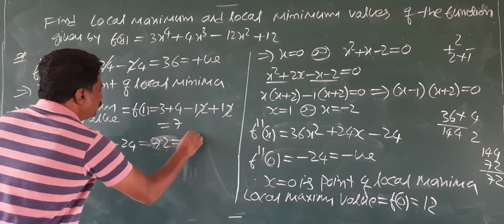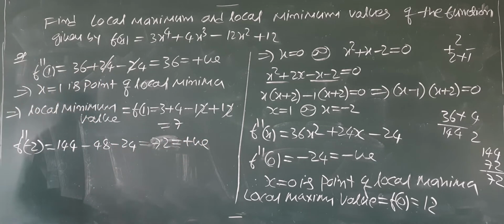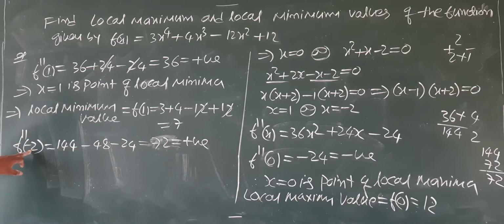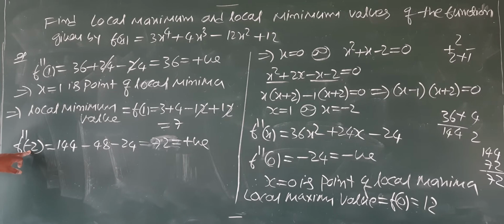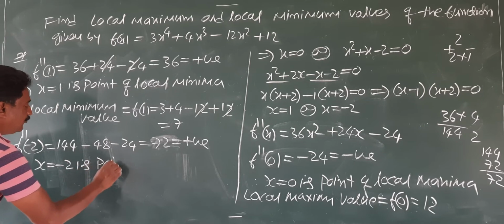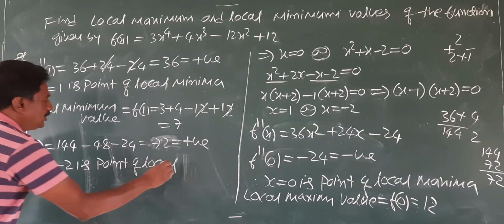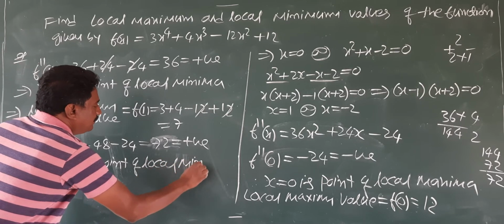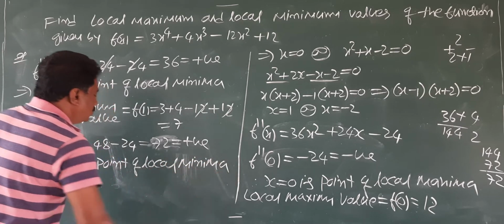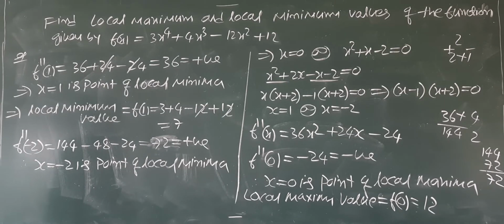Positive. Tell me what is the nature of this point, students? This point should be a point of local minima. Therefore, x equals minus 2 is a point of local minima.